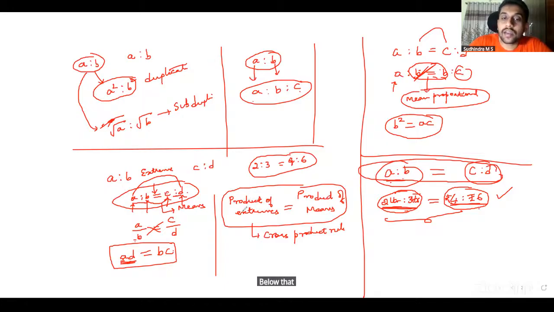Below that, write this: product of extremes is equal to product of means, which is the cross product rule.